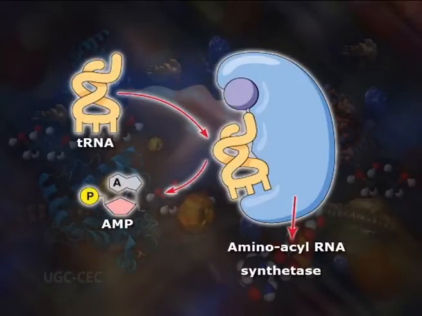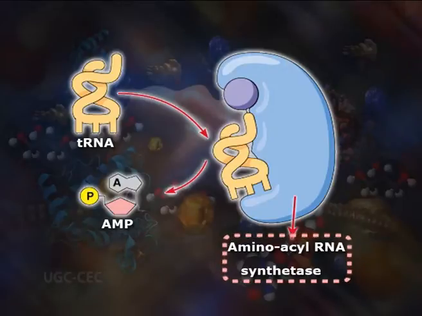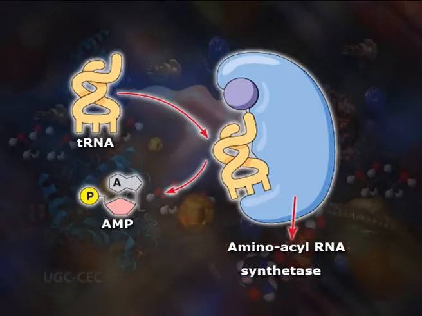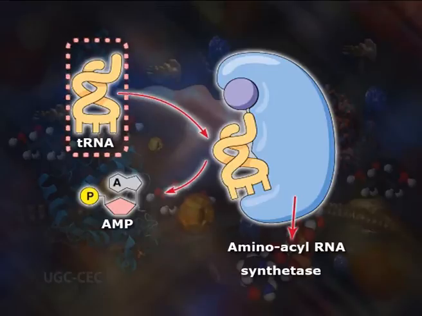The amino acyl RNA synthetases are amino acid specific, that is, for different amino acids, different enzymes are required. These enzymes can recognize the respective transfer RNAs, abbreviated as tRNAs also.